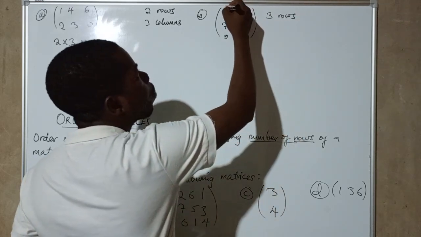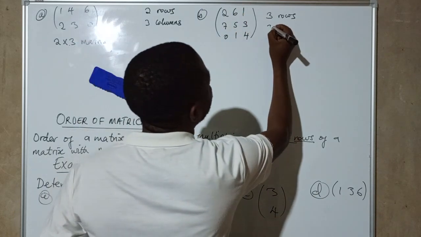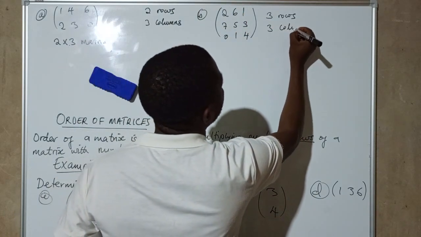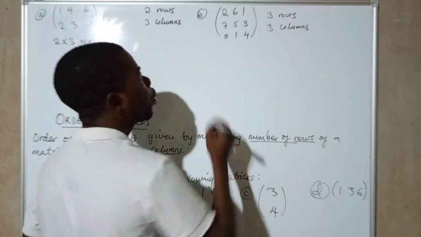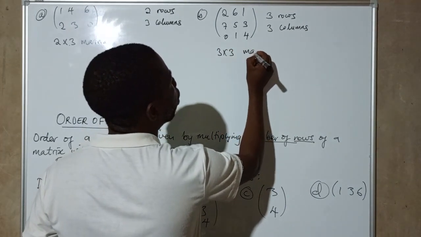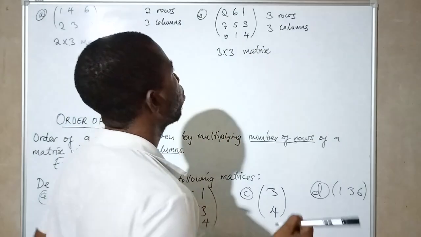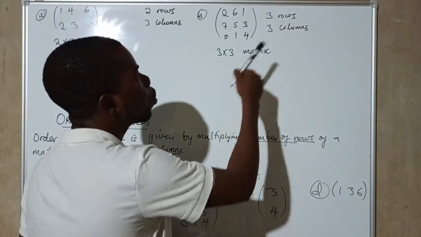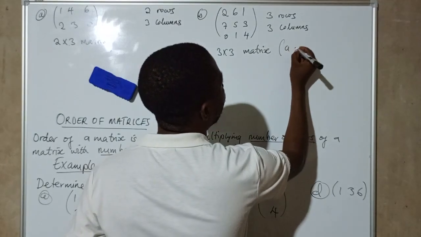Columns are the vertical lines that pass through these numbers, 1, 2, 3, so we have 3 columns. So this one can be reported as a 3 by 3 matrix. And because the number of rows is equal to the number of columns, this one is called a square matrix.